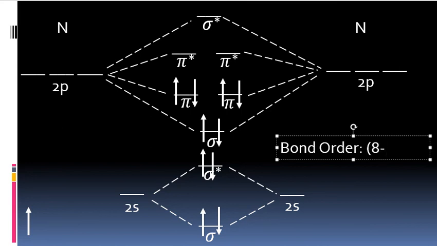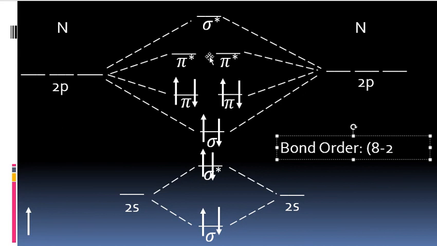And now as far as anti-bonding electrons, the only anti-bonding orbital that is filled is the lowest sigma star orbital. And the number of electrons in that orbital is 2. We don't have any electrons in any of the remaining anti-bonding pi star orbitals or the highest anti-bonding sigma star molecular orbital.